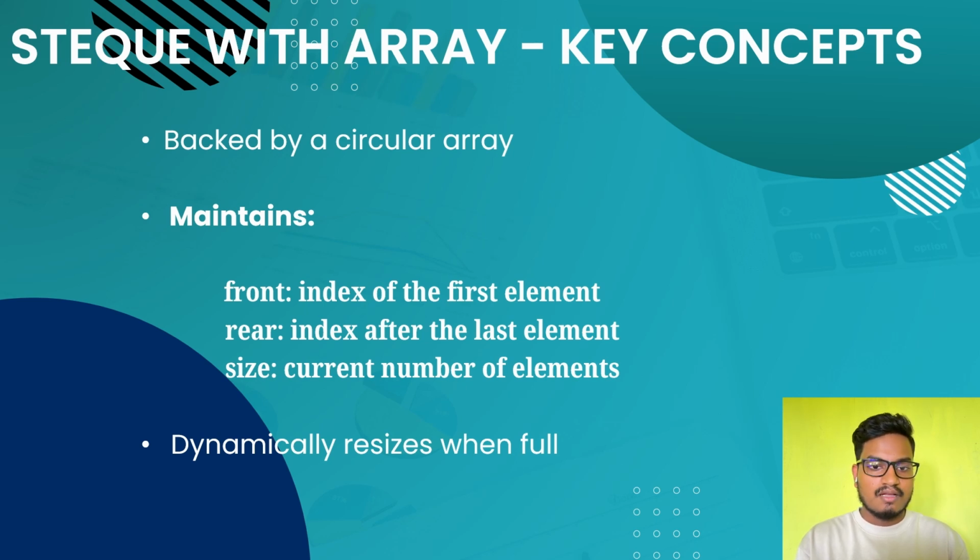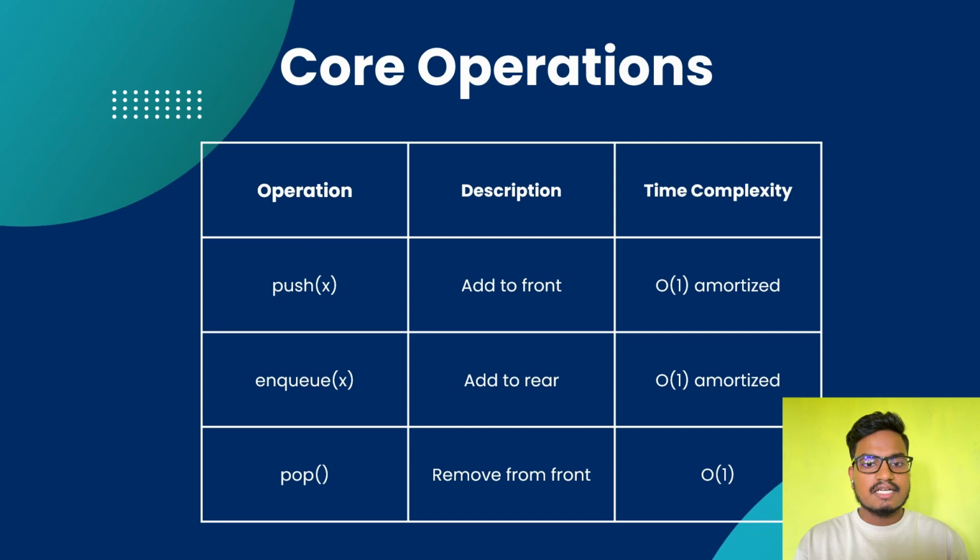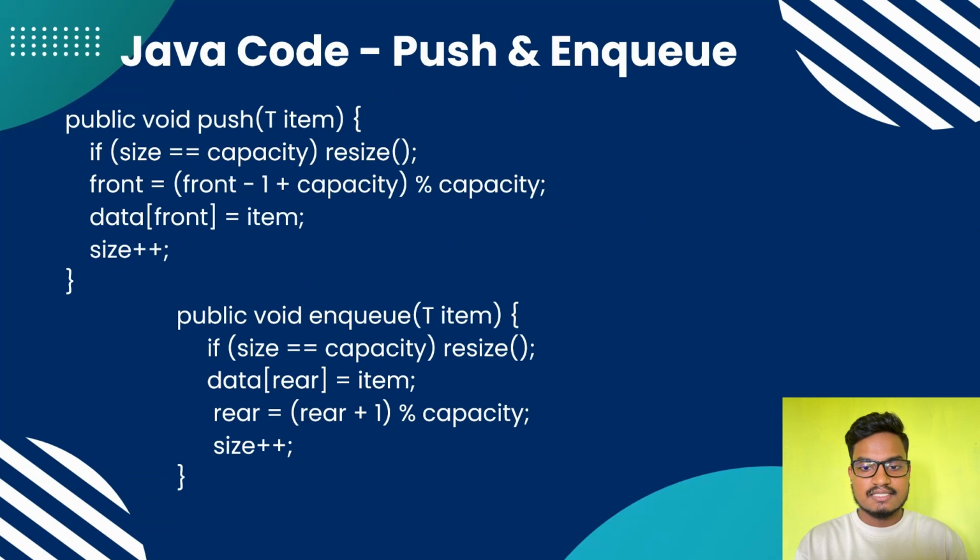Push. Let's start with the push method. Here's how it's written. First, we check if the array is full using size equals capacity. If so, we resize the array to double the size, and next we update the front pointer.